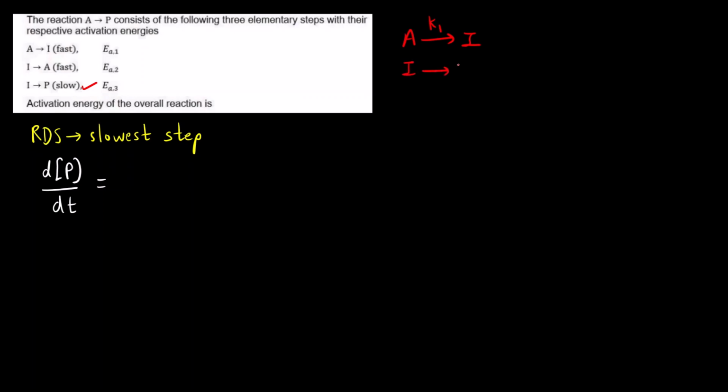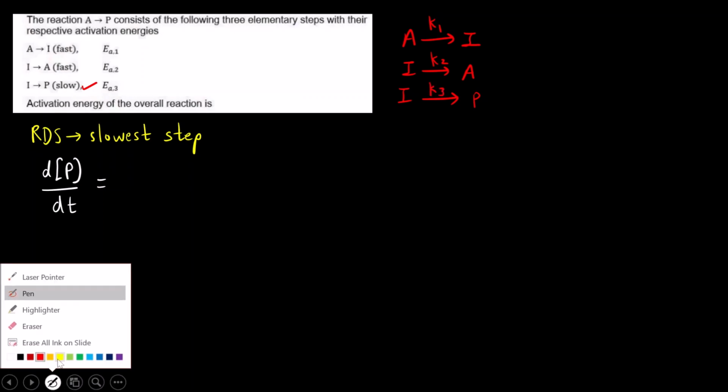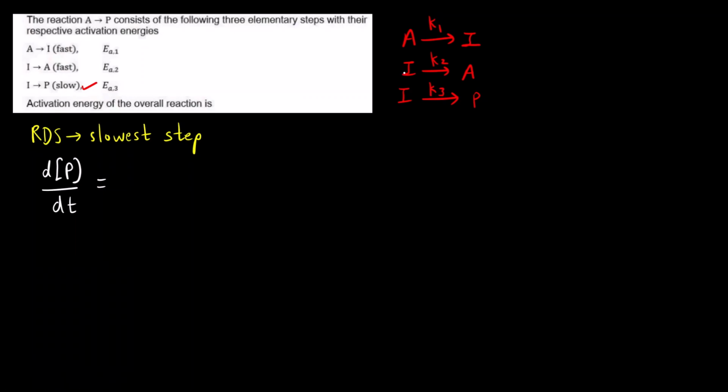I getting converted to A is K2, and I getting converted to product P is K3. For the third reaction the rate constant is K3, so we write K3 into the reactant, which is I, the intermediate.